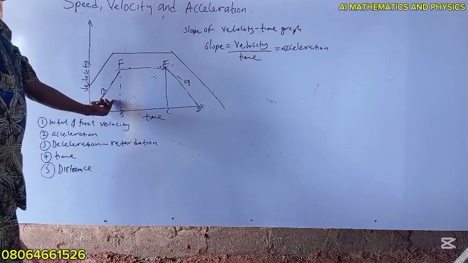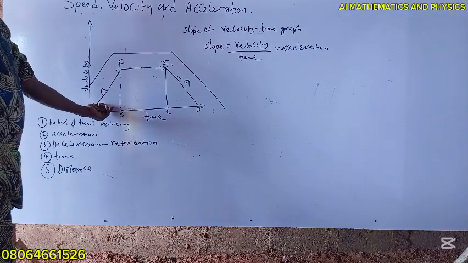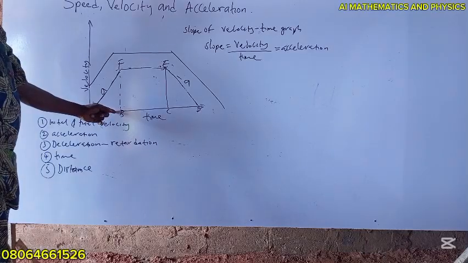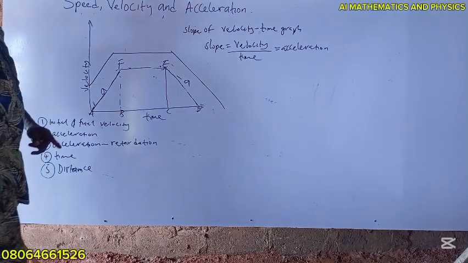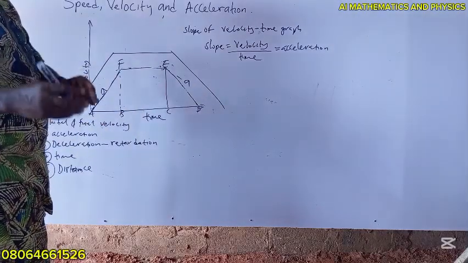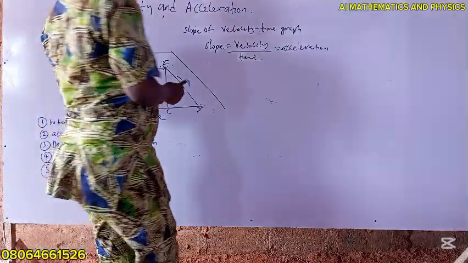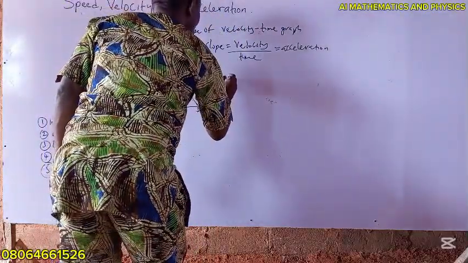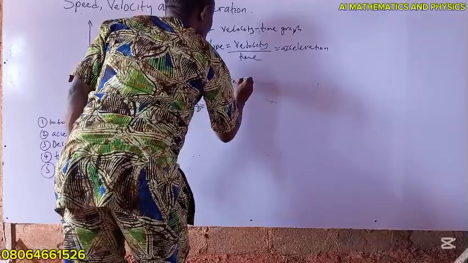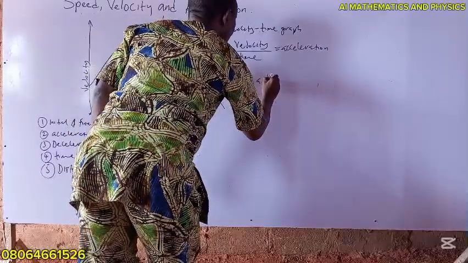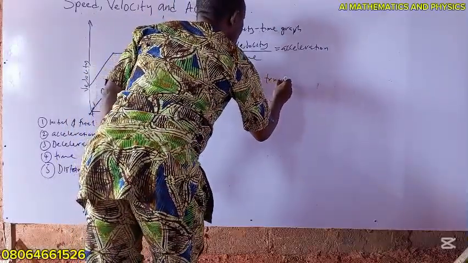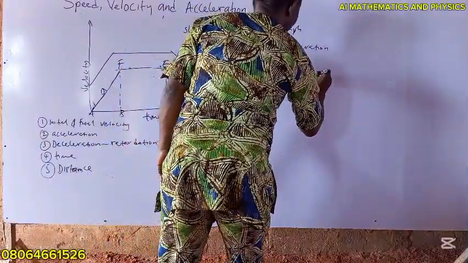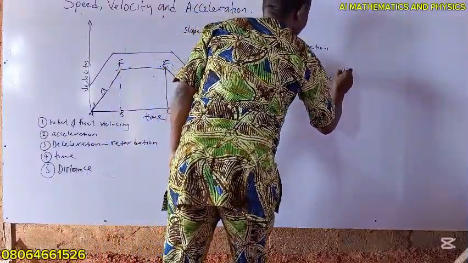So, in case you are asked to find the distance, this is a triangle. Use the area of the triangle, which is half base times height. In most cases, use the area of a triangle, which is what? Half multiplied by base multiplied by height.